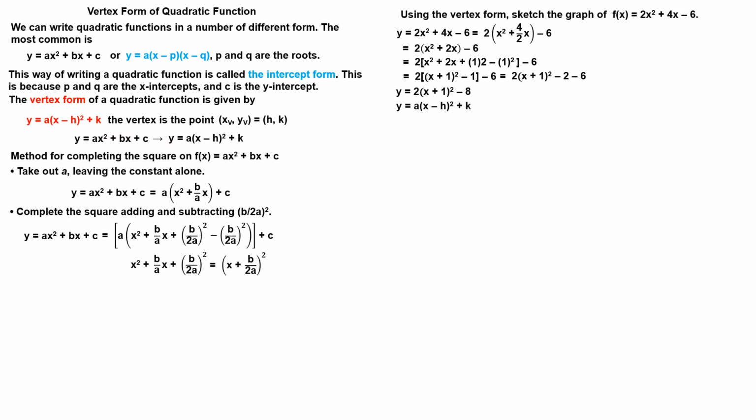The vertex is the point. We know the y-intercept is minus 6. But if we have the equation in the vertex form, to find the y-intercept we make x equals 0 and perform the calculations. The result is the y-intercept.